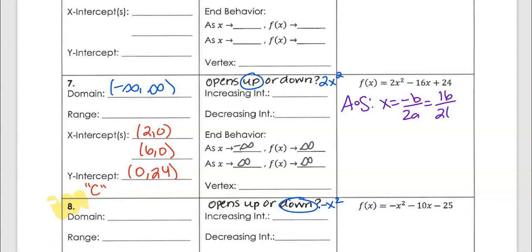What's my a? A is 2. That's going to be 16 divided by 4, so we get 4. Isn't that what we thought it was going to be? We predicted the future. We're magical.